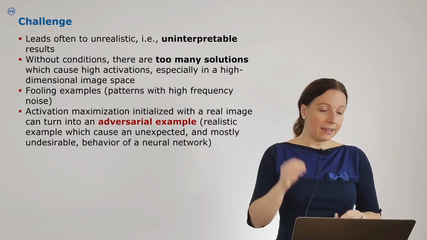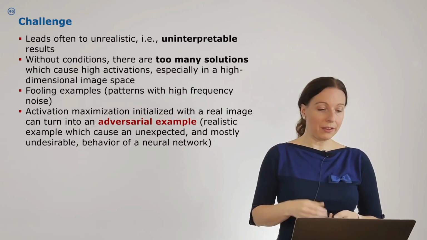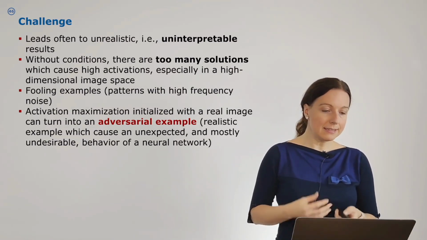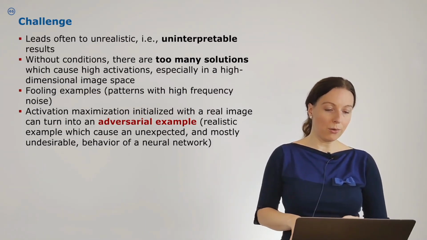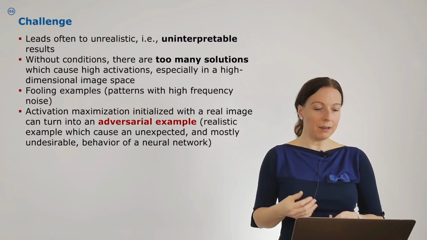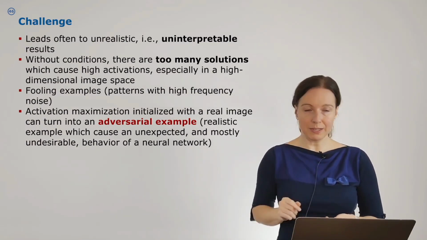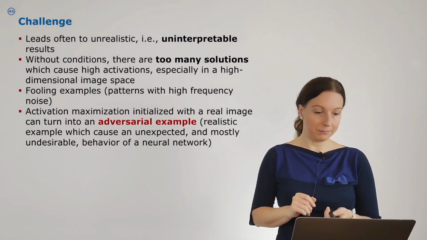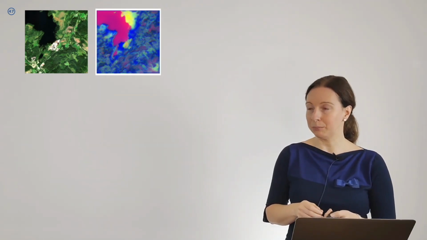And activation maximization initialized with a real image can turn into a so-called adversarial example. An adversarial example is a realistic example which causes an unexpected and mostly undesirable behavior of a neural network. And I will show you one example of such an adversarial example.